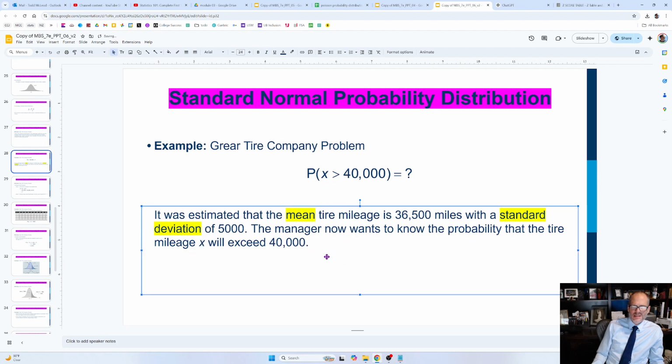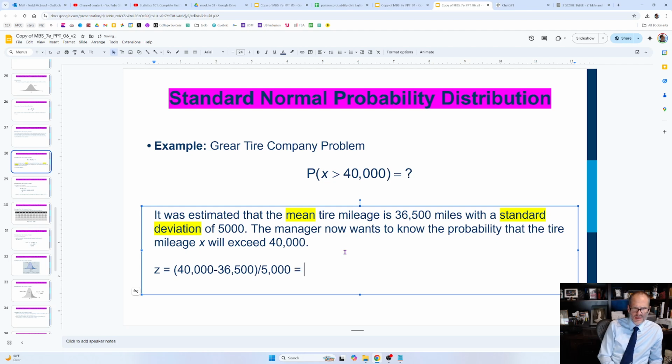To calculate this, we could get our z-score. Z is going to be equal to our data point, which is 40,000, minus the mean, which is 36,500, and we divide that by the standard deviation of 5,000.